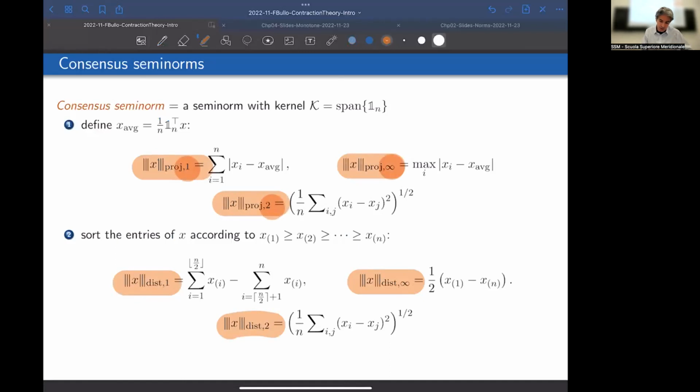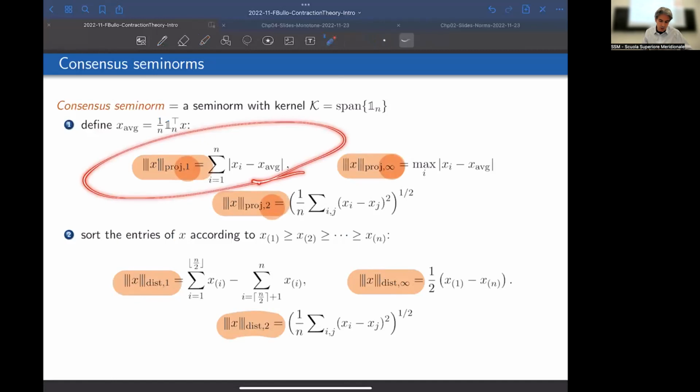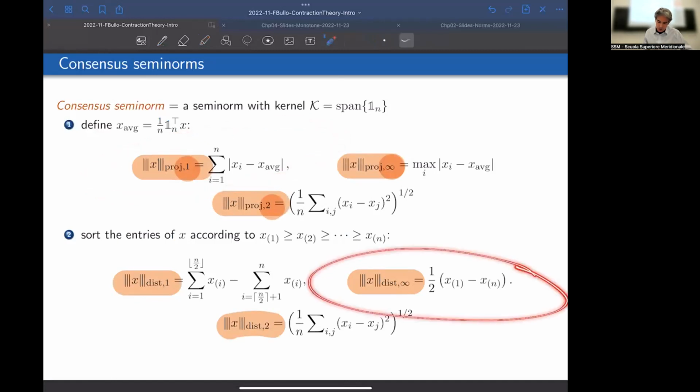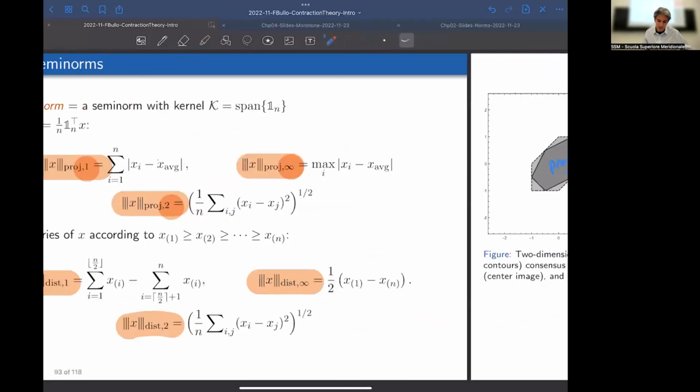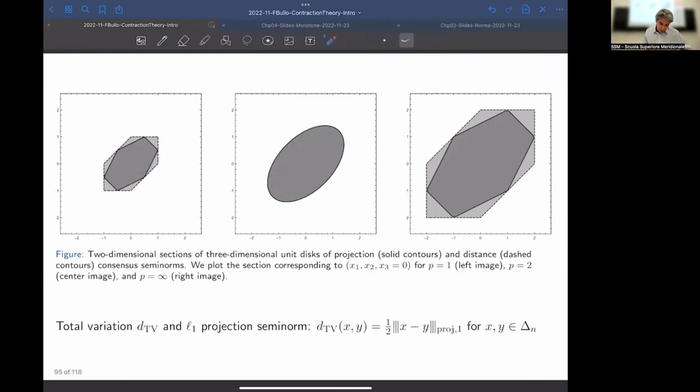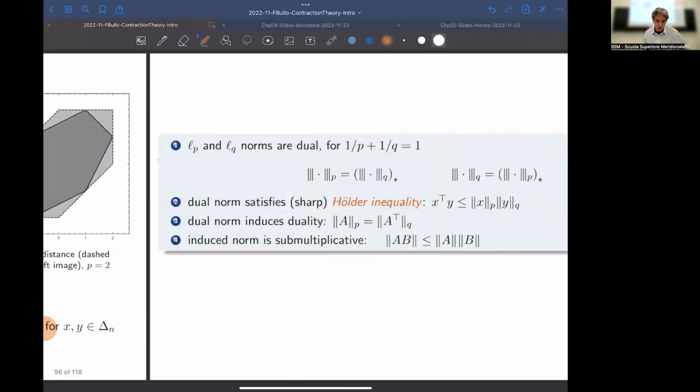And I'll make the case that I'll observe that the 1 projection is very, very similar to the total variation, and the infinity distance is very, very similar to the max minus min. So here the notation is hard to follow, but that's the same. So, right, here's a statement that the total variation is one of those with a projection with a factor of 1/2.